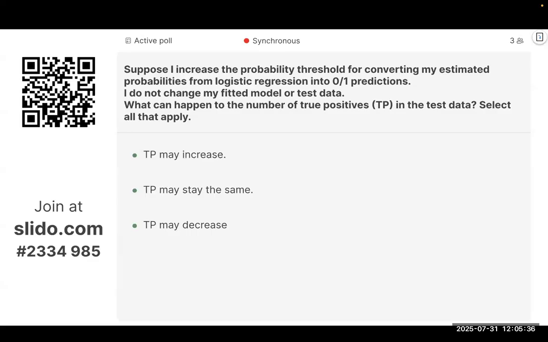So suppose I increase the probability threshold for my logistic regression model. The model stays the same, and the test data I use will be the same as well. What can happen to the number of true positives in the test data? There might be more than one correct answer.